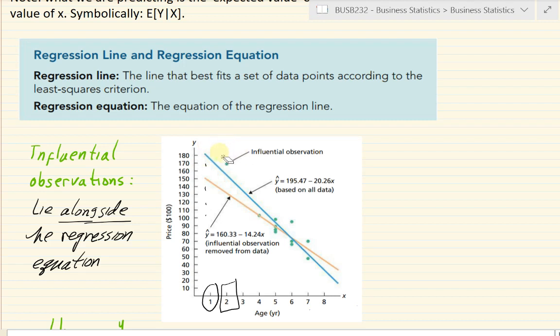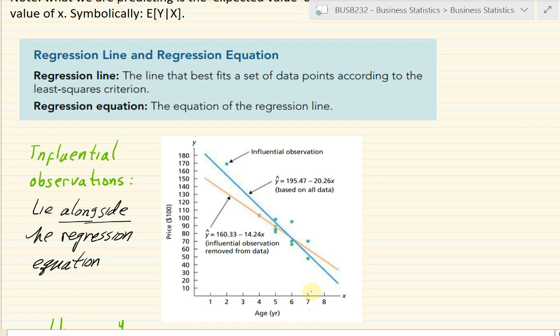And for instance, the price of a 7-year-old of this automobile, we got 2 7-year-olds. One of them looks to be between $4,000 and $5,000. The other one is about $7,000 roughly. But that's beside the point.